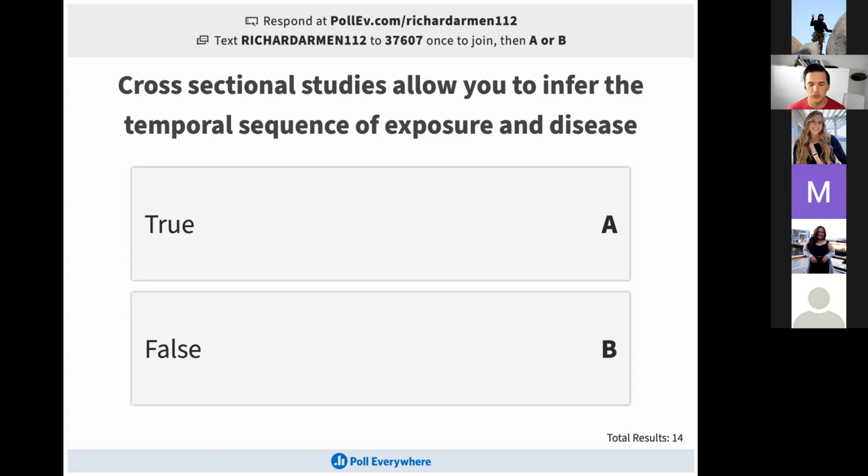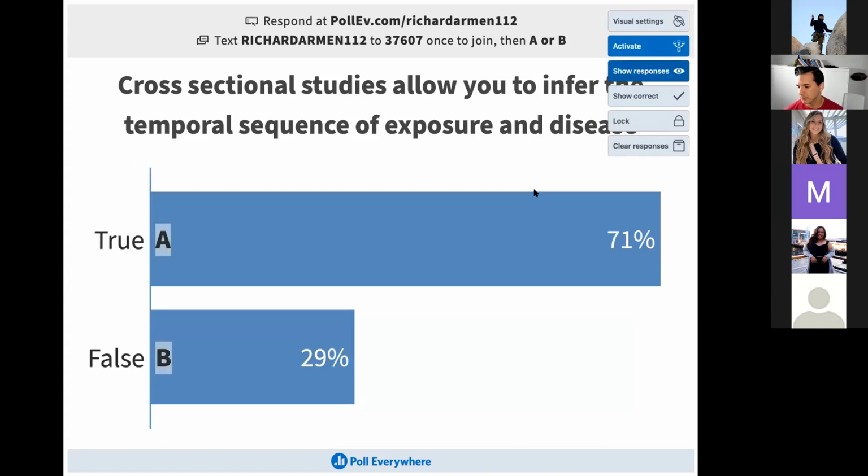The true or false ones are meant to be quick, here's the answer. Remember temporal sequence. Temporality means timing. So can you assess the timing between exposure and disease? I'm going to show the responses.